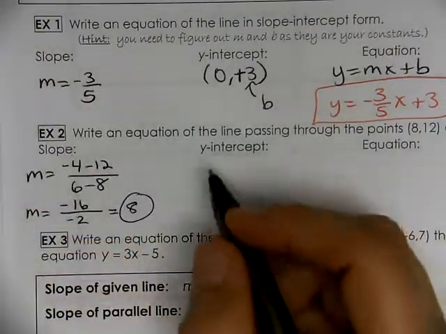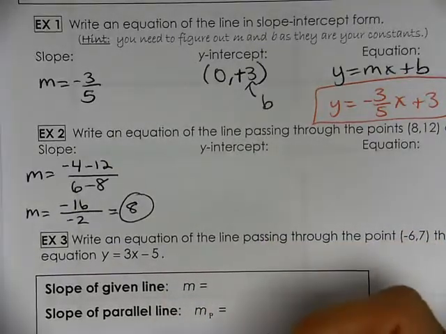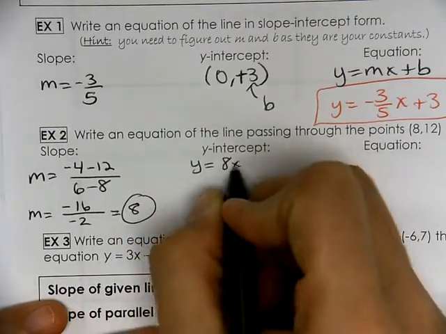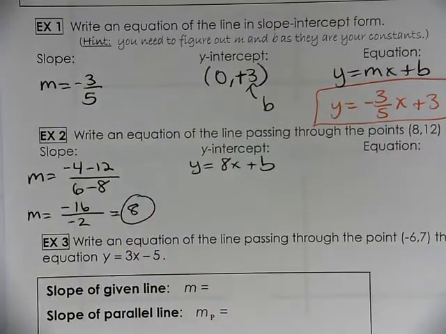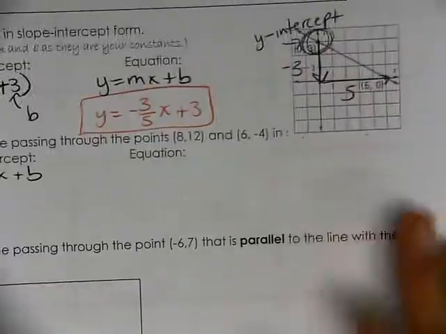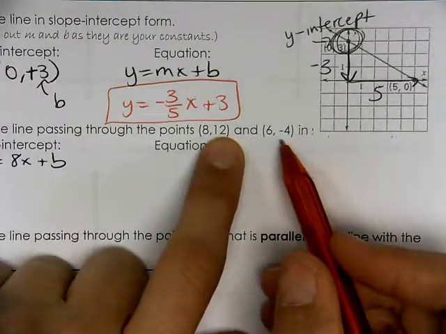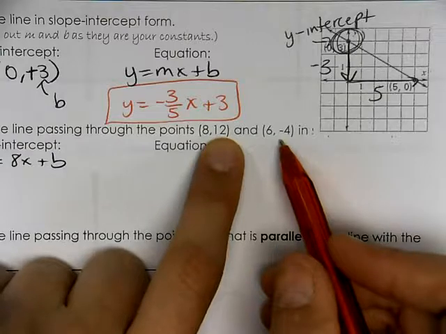So if I go to the next step, I don't know the y-intercept. So far the only thing I know is y will equal 8x plus whatever my b is. Because I don't know my y-intercept, I'm going to have to use one of these 2 points for x and y and solve for b.